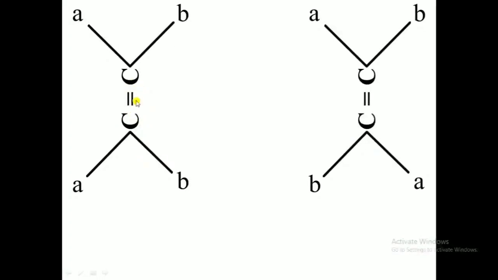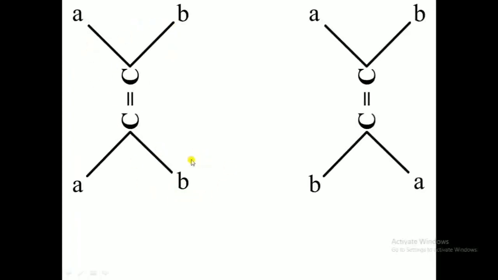The rest 2, suppose this carbon atom has one atom or group denoted by A, and the other one is B. The other carbon atom also has the same A group here and the B group here, and these groups are arranged in this manner.